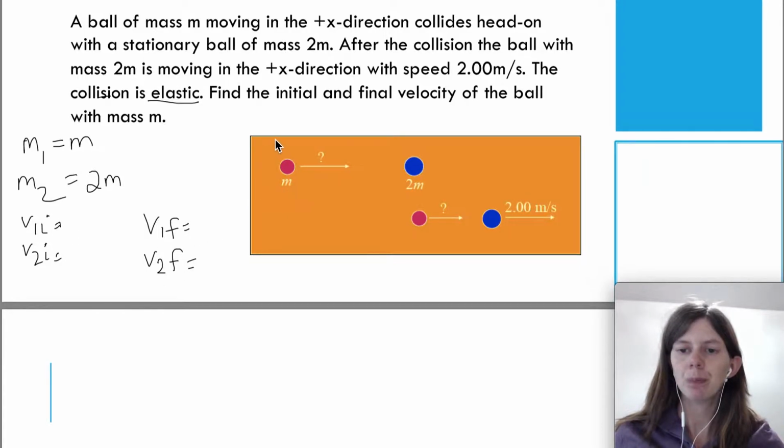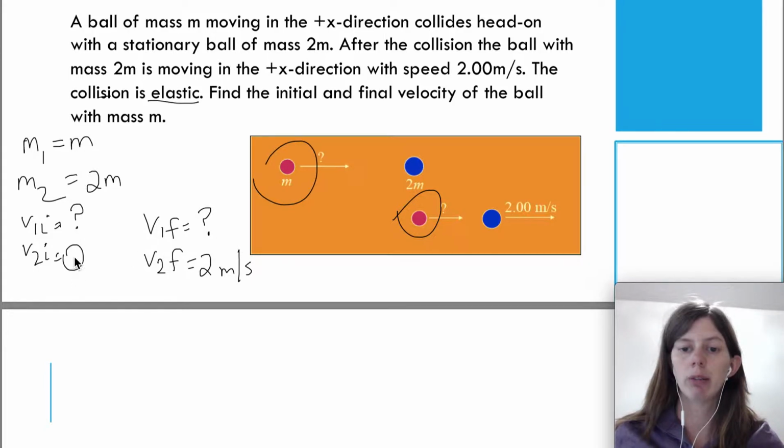So number one here, we don't know any of its velocities, initial or final. Those are the two things that we are trying to solve for. For v2 initial, the blue one, we're told that it's at rest to begin with, so that's 0 for v2 initial. v2 final is 2 meters per second to the right, so it's positive.